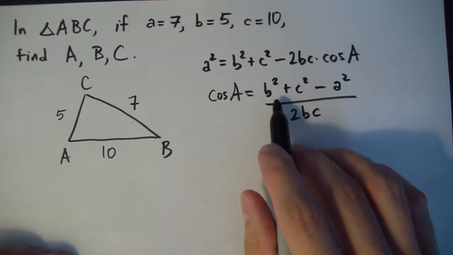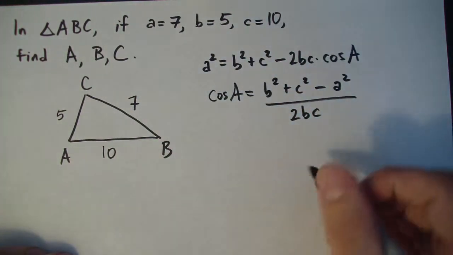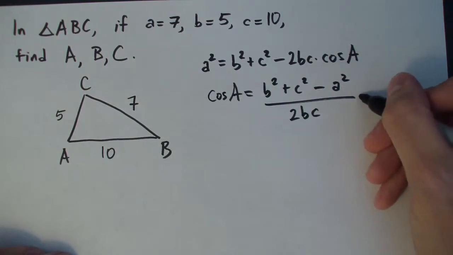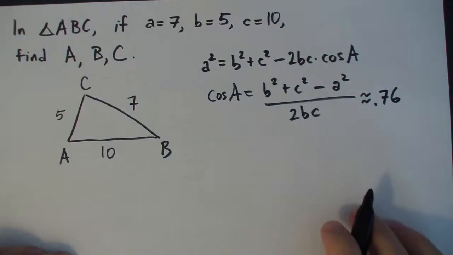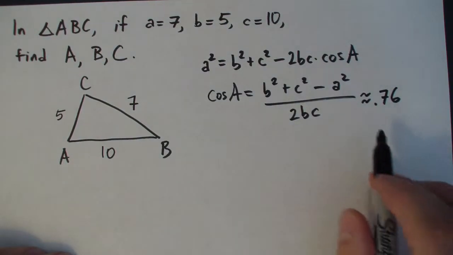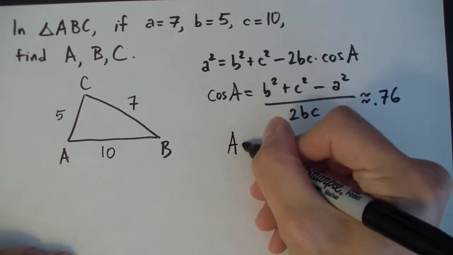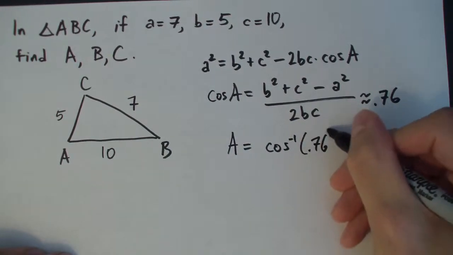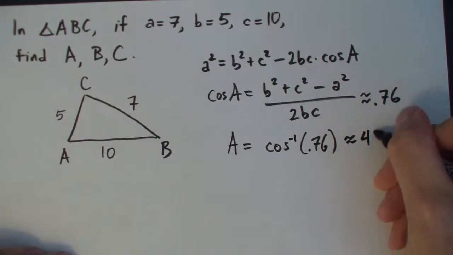Now plugging in the values we know for b, c, and a, we can find that this evaluates to 0.76. And once we take the inverse cosine, we'll find A. So A will be the inverse cosine of 0.76, and that comes out to be about 41 degrees.